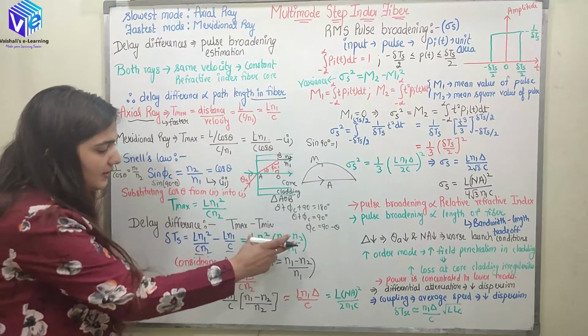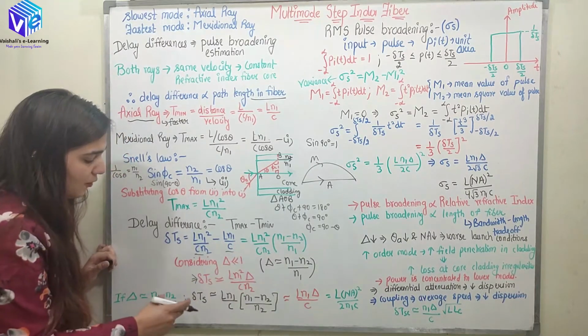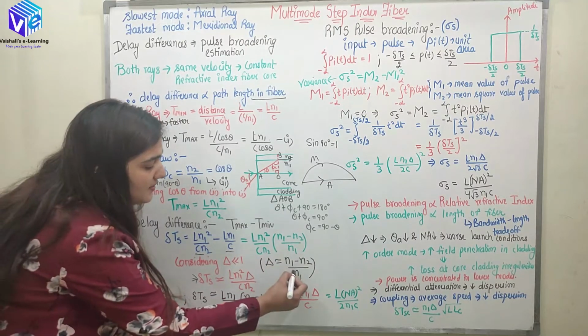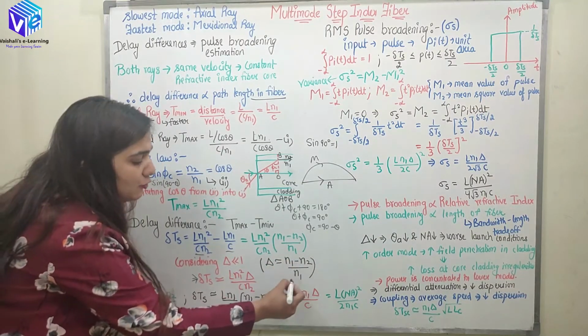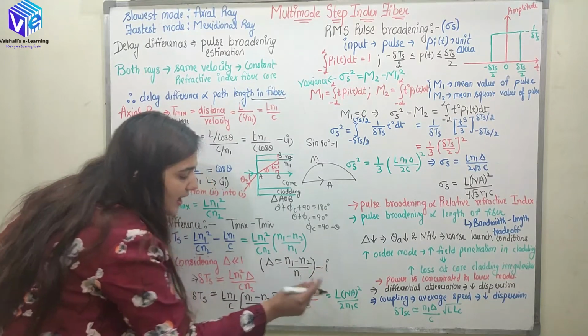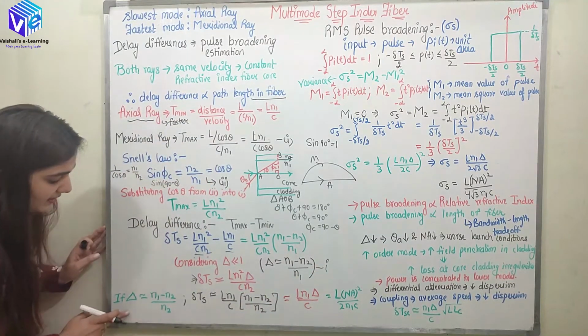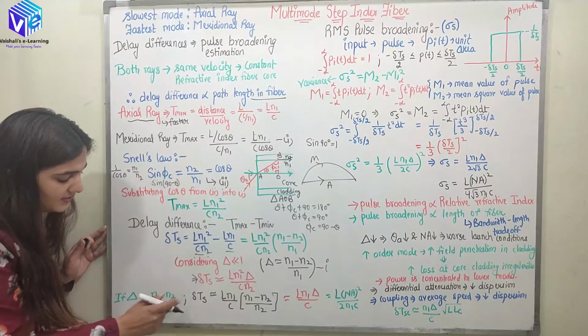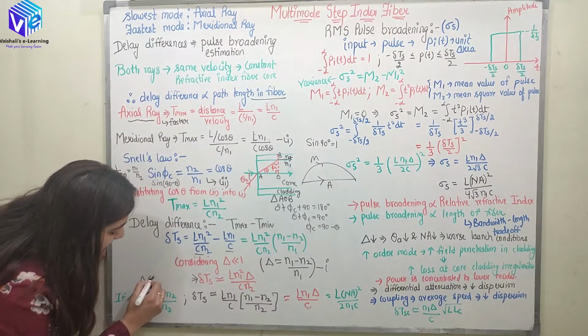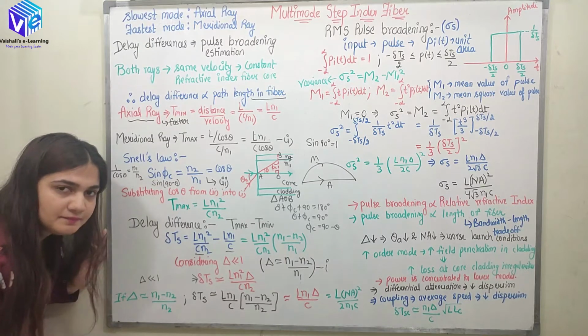So now let's see this equation, and if delta is very much less than 1, I can represent the delta as n1 minus n2 upon n2 also. This is the first equation for delta, and in the second manner I can represent the delta as n1 minus n2 upon n2. This is also the condition when del is very much less than 1, right?